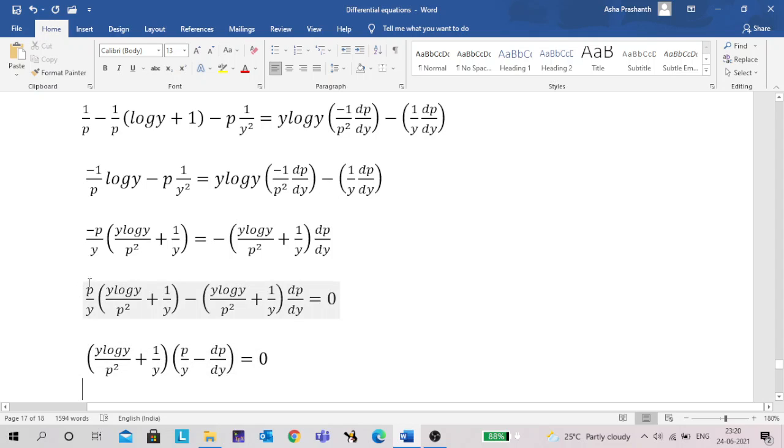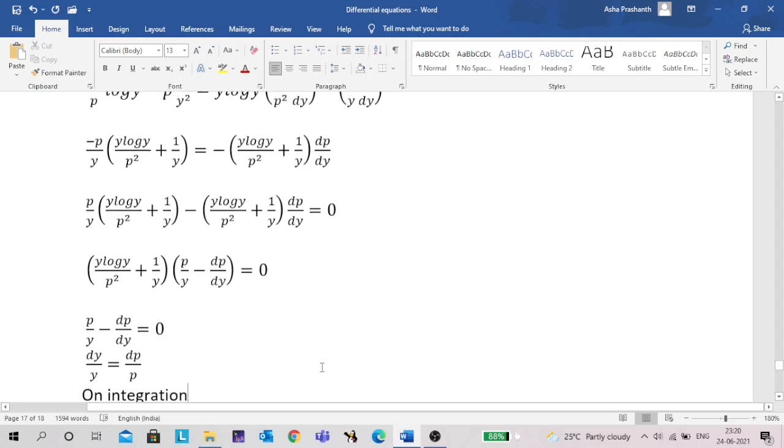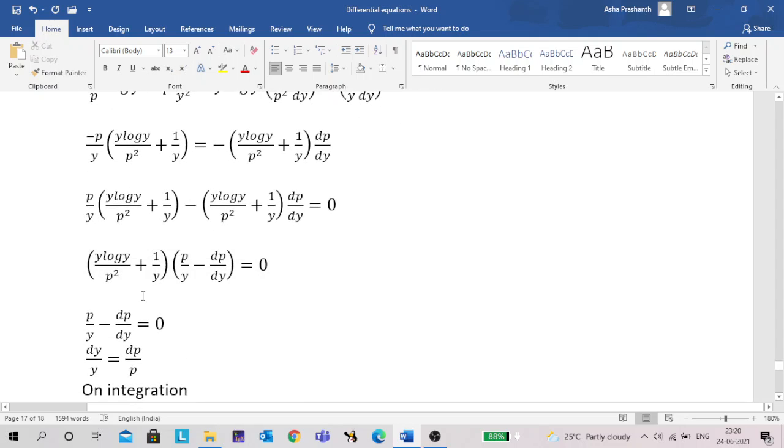The remaining term is p by y minus dp by dy is equal to 0. Here also I am considering the second term. I am neglecting the first term because the first term doesn't have any derivative term, right? Okay. So I am considering the second term, p by y minus dp by dy is equal to 0.